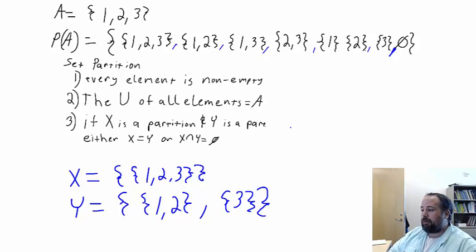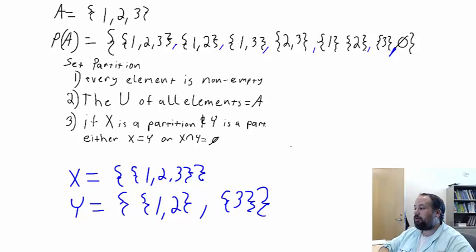Well, let's look. We see that X and Y share no elements in common, right? So if we were to take the intersection of them, we would end up with the empty set. So by our definition, each of these is a partition of the set A.